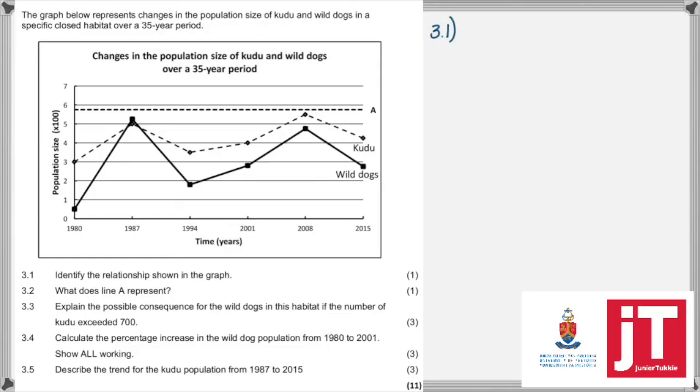Because the one and the other follow each other through the period 1980 to 2015, this is a very good example of a predator-prey relationship within an environment, where as the number of prey increase, so do the number of predator.